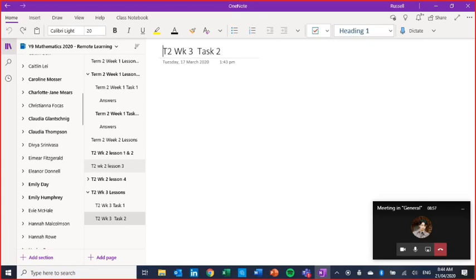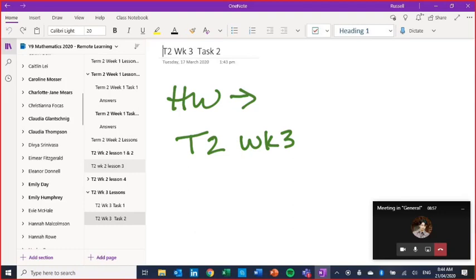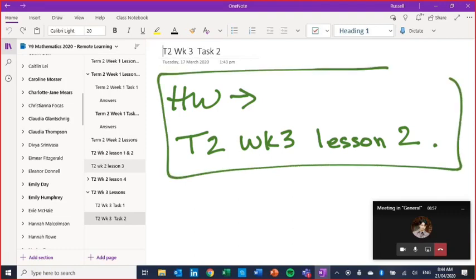So for homework, do T2, week 3, lesson 2. Okay? All right. So T2, week 3, lesson 2 will be your homework.